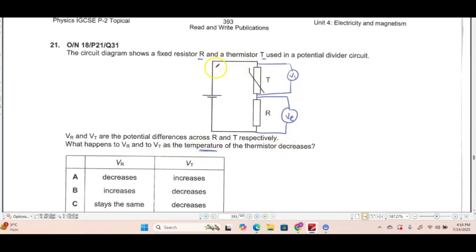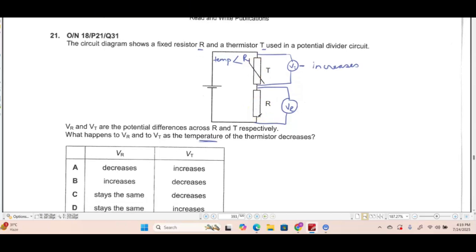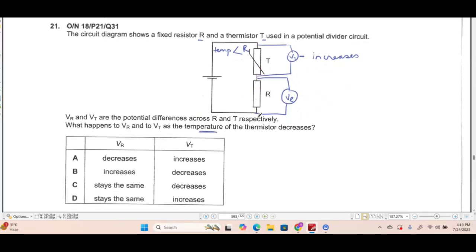Okay. Now, temperature has decreased, so the resistance of this thermistor increases. Okay. So, the potential difference over here, the value also increases. Okay. As the resistance over here has increased, so the resistance over here is going to change as well.